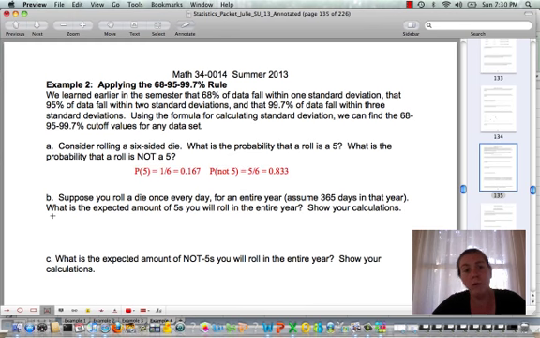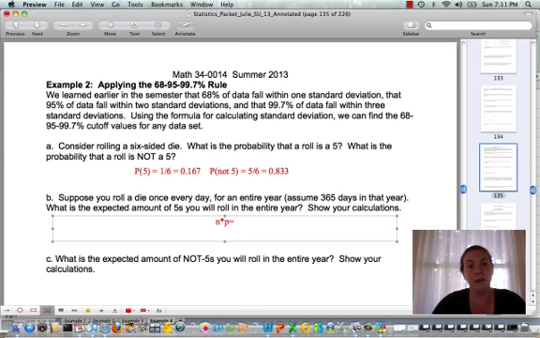So now, suppose you roll a die once every day for an entire year, and we're going to assume 365 days in that year. We want to calculate what is the expected amount of 5s that you will roll in the entire year. So the expected value is the number of rolls times the probability. So we say n times p.